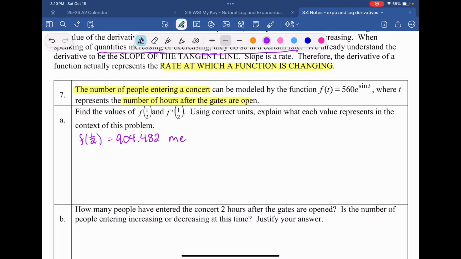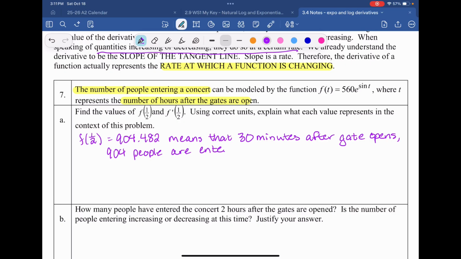Since that's half, and t represents hours, this is half an hour after the gate opens, approximately 904 people are entering the concert. All right, that's the value.